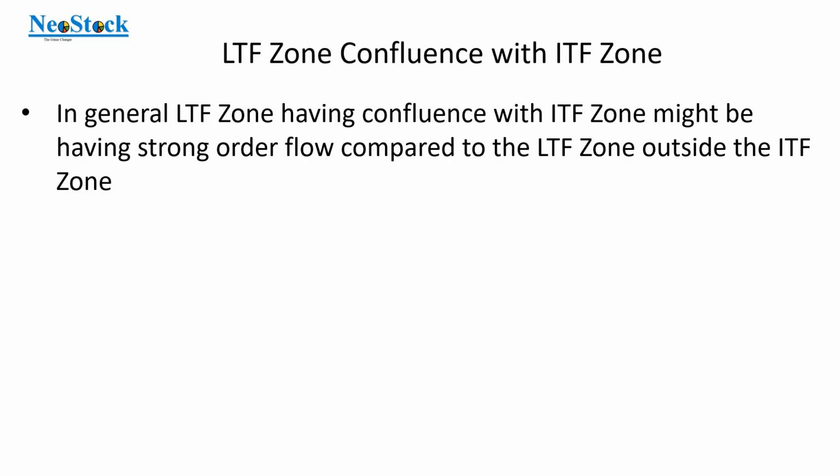The second type is not having any confluence with an ITF zone or even an HTF zone. They are purely outside the ITF zone or the HTF zone. That means the LTF zone is completely independent, not having any confluence with any higher time frame zones. The success rate of such an LTF zone is very low unless it is a high liquidity zone.